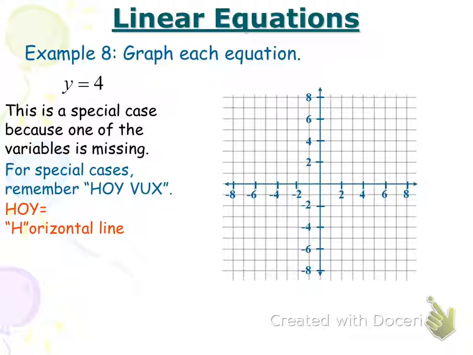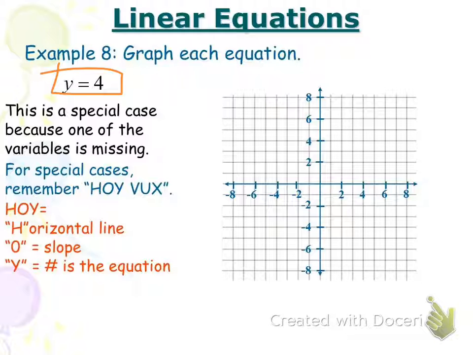Okay. And what do you think the O stands for? 0 slope. And the Y tells us that the equation looks like Y equals a number. Right? So this particular one that we're looking at here, we have Y equals a number. Y equals a number tells me the slope is 0, the graph is a horizontal line.